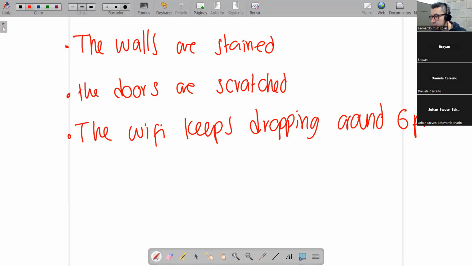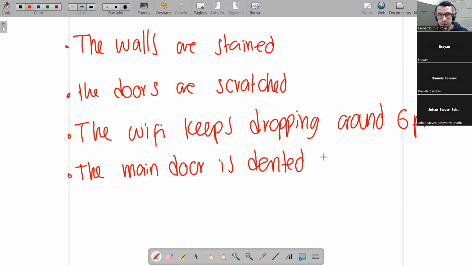And there is a big problem, which is that the main door is dented, because when I was moving, there was an accident and somebody crashed the door with a table. So those are the problems in my house. Think about your house. Tell me, what problems do you have? What is the inconvenience that you have? Probably repetitive, probably not.